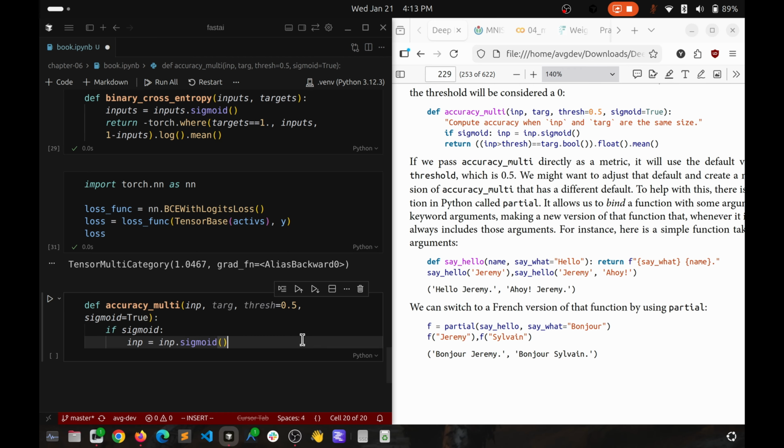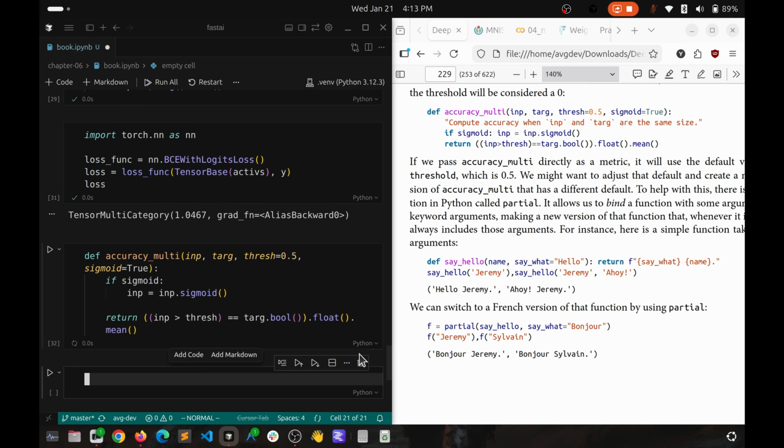Otherwise, return inp. Anything that is greater than the threshold, check against target booleans, then convert to float, then take the mean. Okay, so targ. Cool.